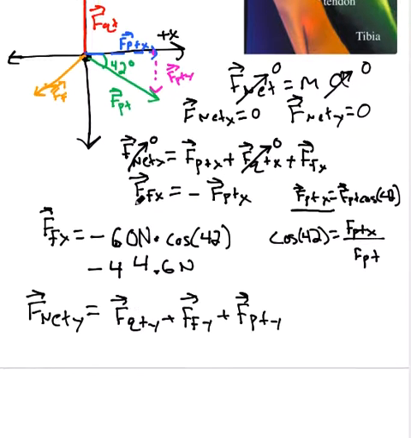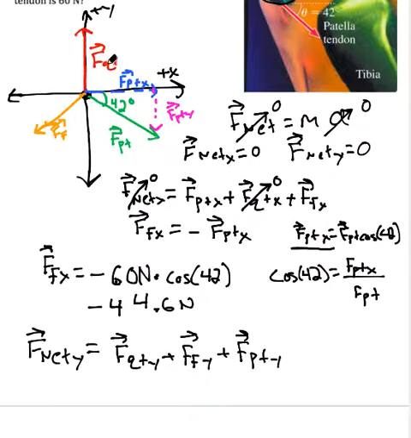We know that F_QTy is just going to be equal to F_QT because it's oriented directly along the y-axis. So we can just write in that it'll be positive 60. But F femur y, we don't know. And F_PTy, perhaps we could figure that out with trig similar to the way that we figured out F_PTx. But now we're going to probably use a different trig function.